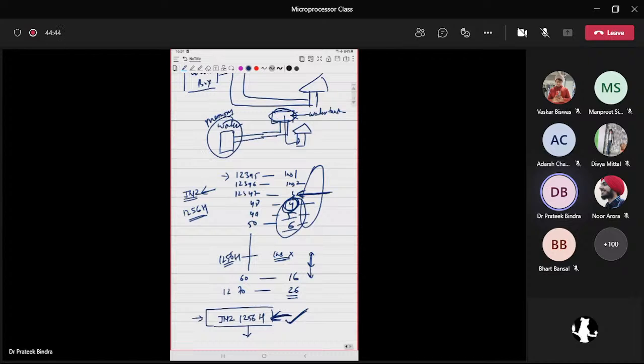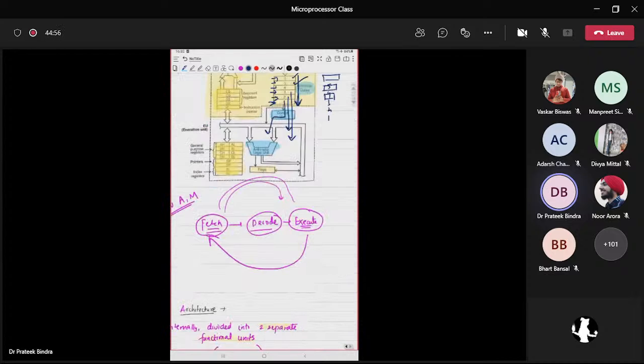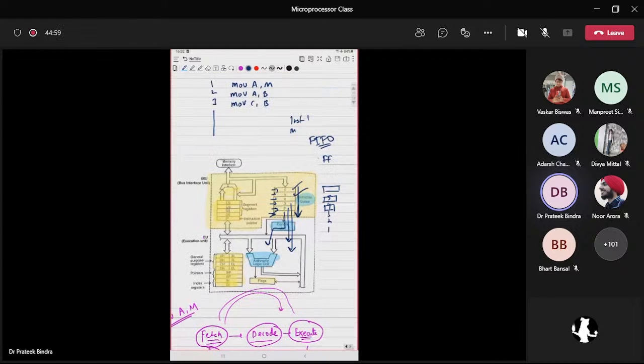Any query? Anyone? No, okay. It's very difficult to ask everyone, right? How many of you were able to understand? Can someone give an answer? Anyone able to understand?